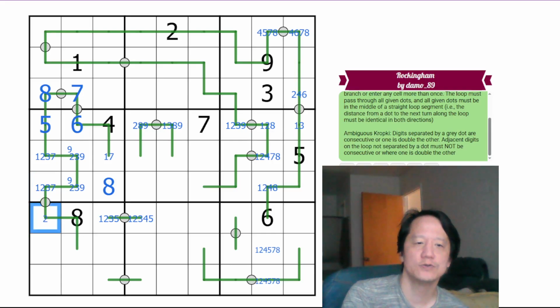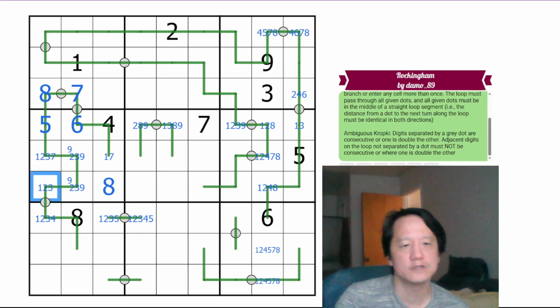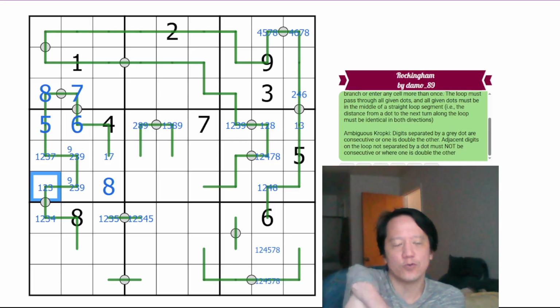If this is 2, it could be 1, 3, or 4. 3 cannot be 6, so it would be 2 or 4 here because of 6 in the row. 7 would have to be 6 or 8, but this can't be 7 then. So this is interesting. It's 1, 2, 3, or 4 there.